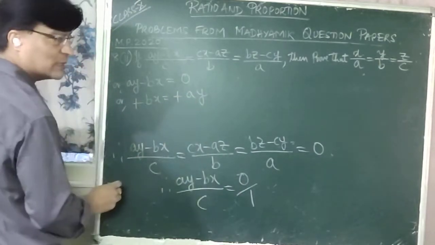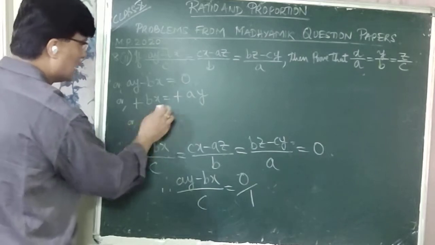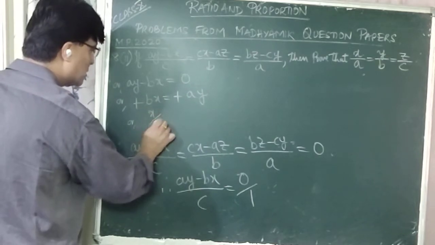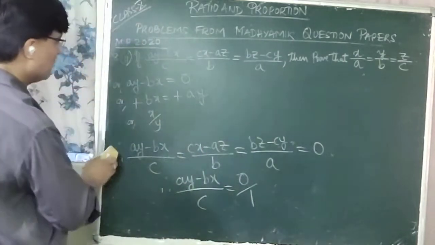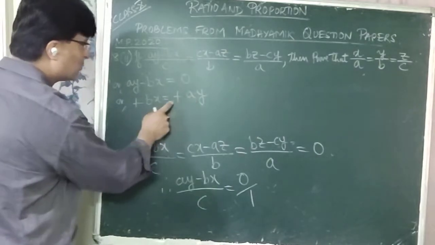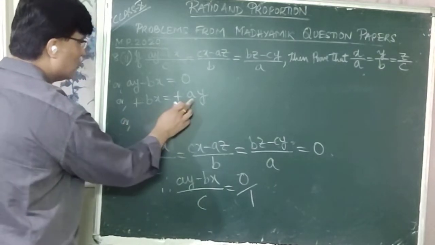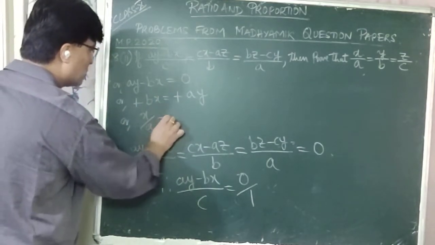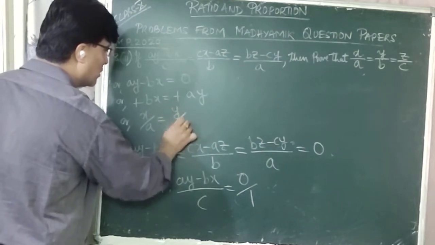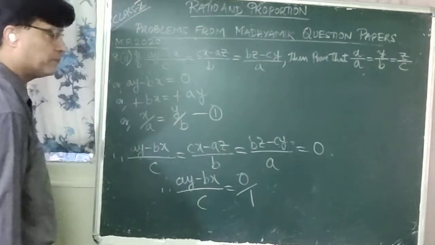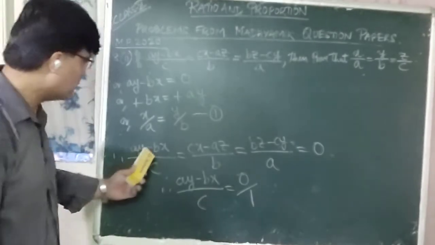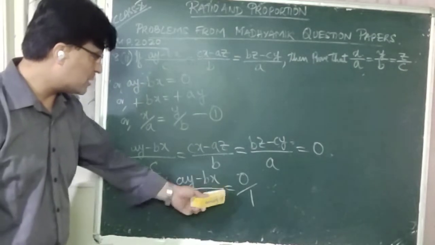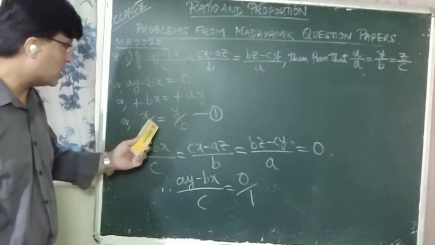So here minus minus gets cancelled. Now let us take y to the left hand side and b to the right hand side, and take a to the left hand side. So what does it become? x upon a is equal to y upon b. That is number 1. So equating first and last, ay minus bx by c is equal to 0 by 1, we get x upon a is equal to y upon b.